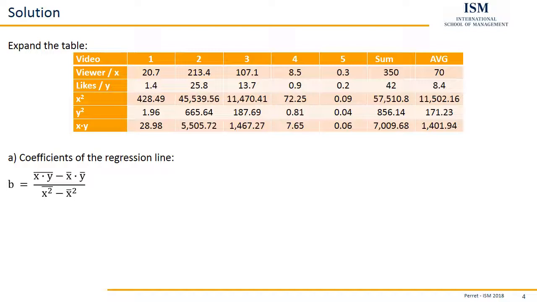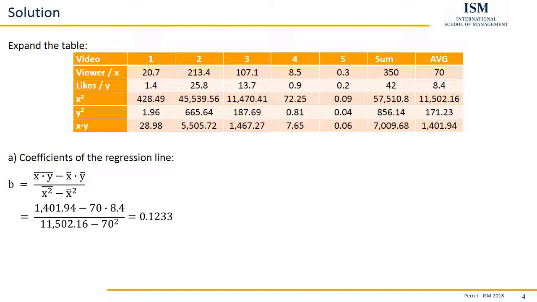Here in this example it's 11,502.16 minus the average of x squared, so 70 squared. We insert these values, calculate the expression, and we get a slope of 0.1233. What does this mean?